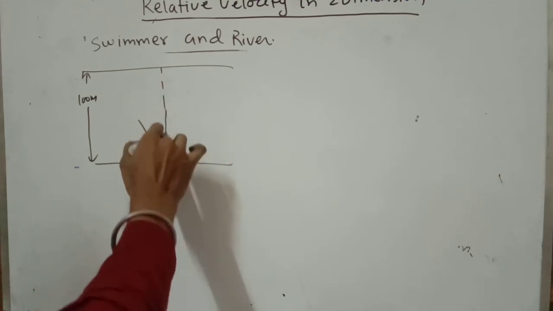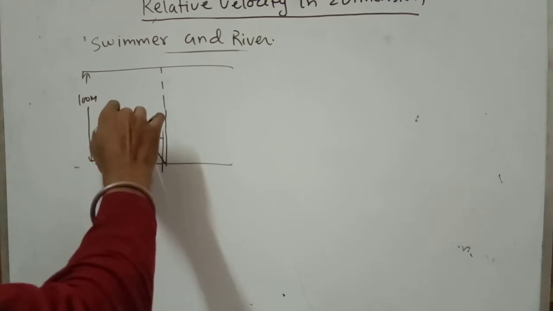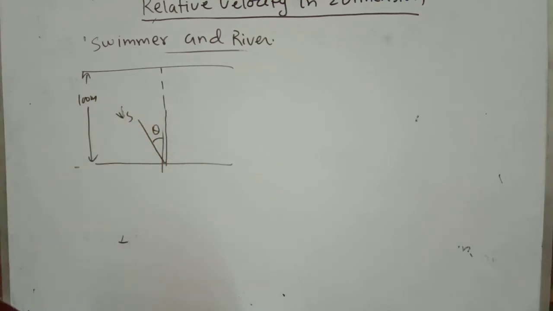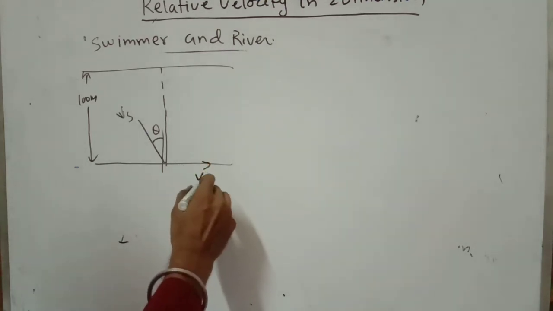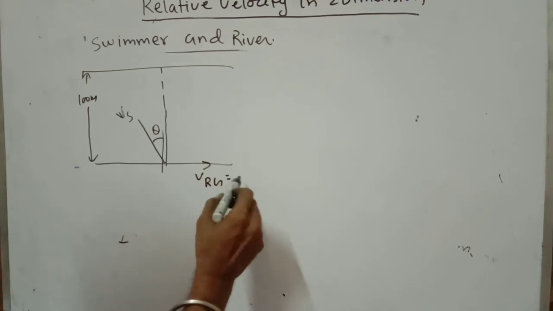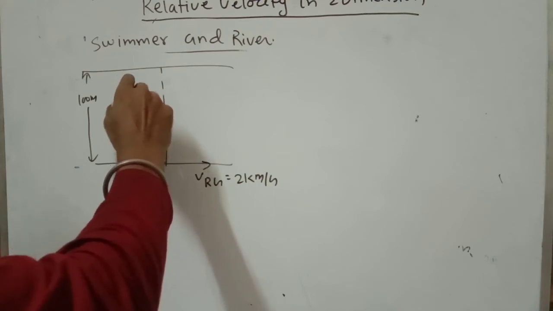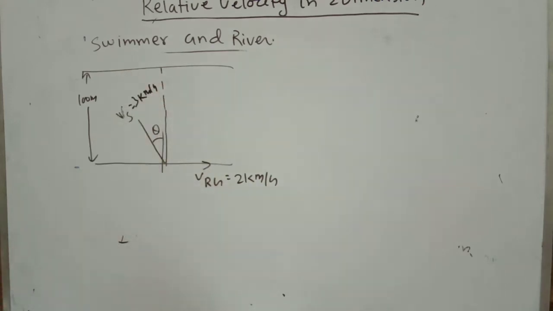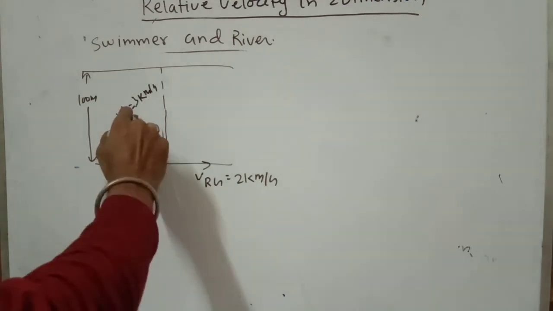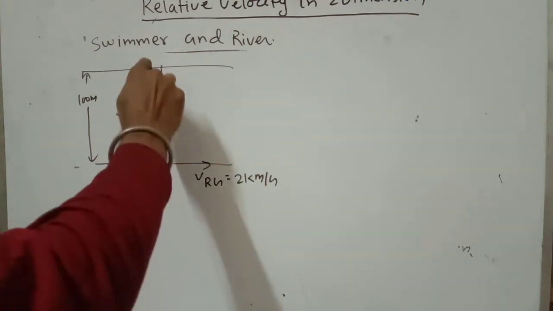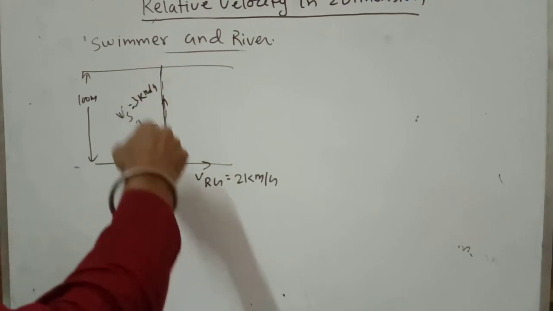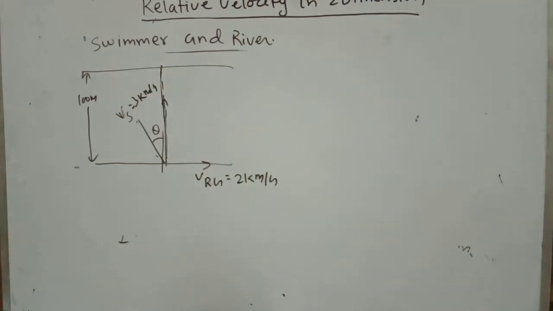This is the velocity of the swimmer. The velocity of river with respect to ground is given, we consider 2 km/h, and the velocity of swimmer is 3 km/h. The question is, what should be the angle theta so that he crosses along a straight path, just opposite of the initial point? And after that, at which time will he cross the river?